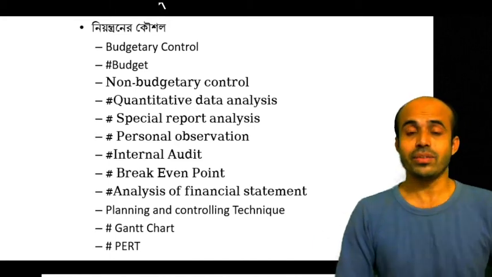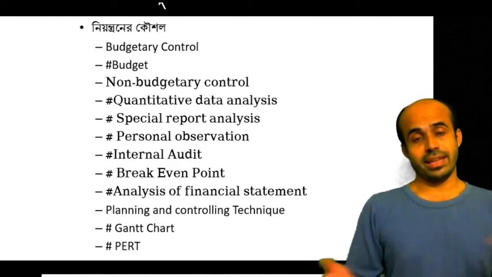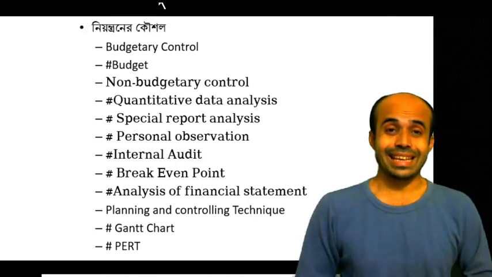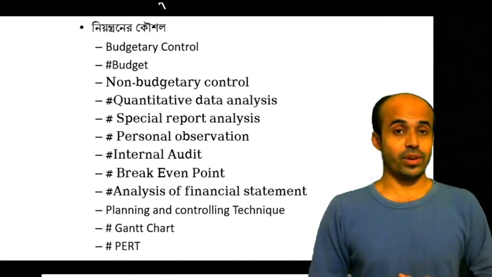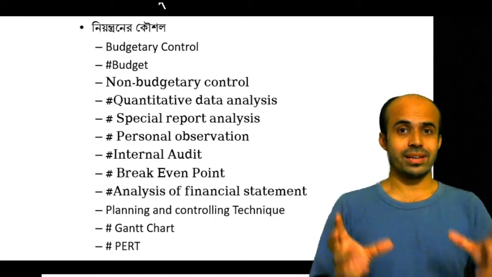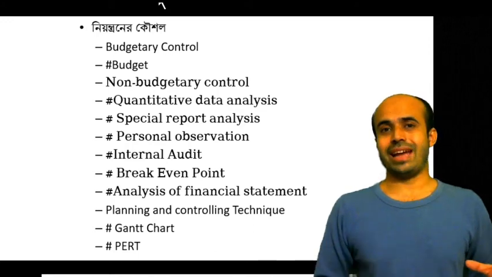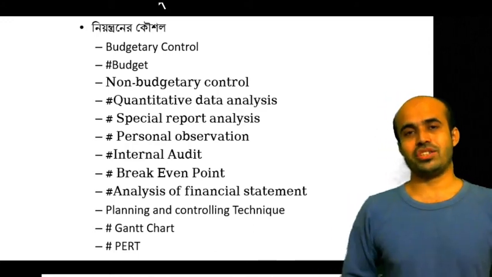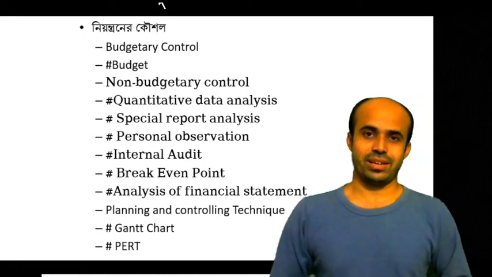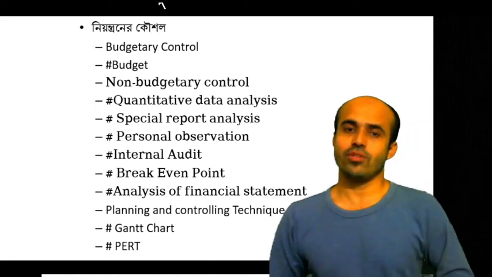If you see that a loss is going on, then you have to control your organization to get profit. The financial statement will show you that your condition is not good. According to that, you can control your organization and its activities. So this is a technique of controlling.